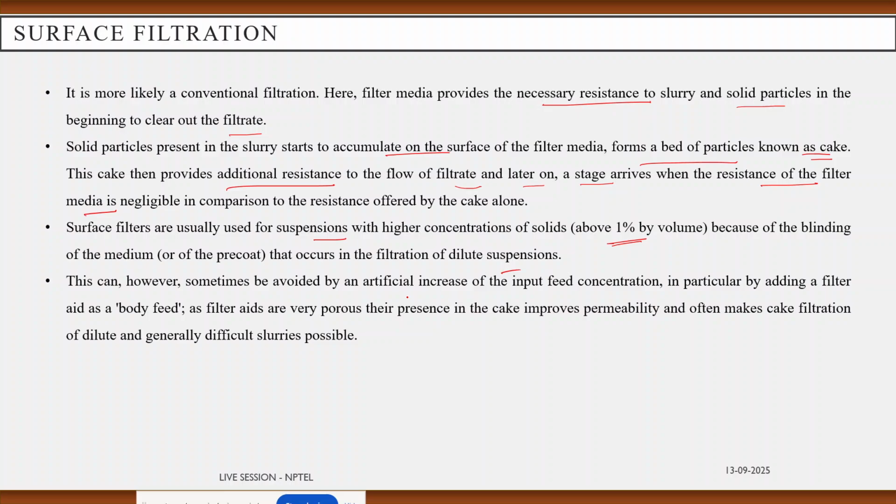We discussed that the filter aids are very porous in nature, and they make the cakes more permeable, and it often makes cake filtration of dilute and generally difficult slurries possible when we use filter aids in the case of surface filtration.